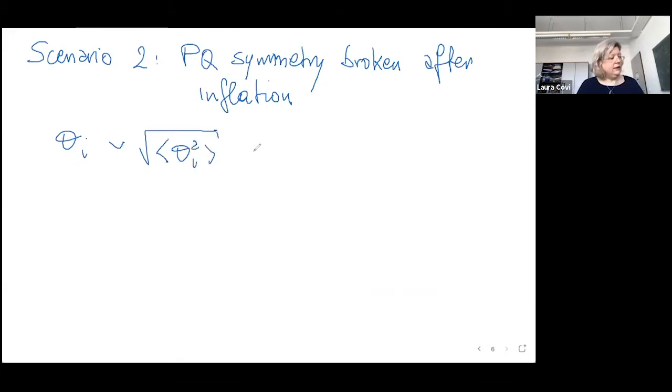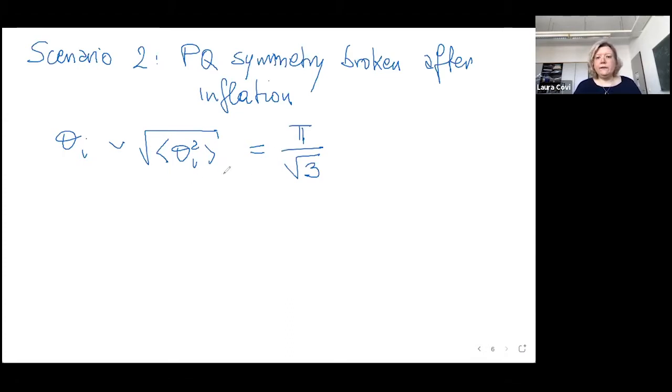And you can compute this, assuming a flat distribution between 0 and 2 pi, and you get a value which is not so small, it's pi over square root of 3. So in that sense, this is again something a bit larger than 1, but not much. And it's a fixed value. So you have less dependence on the initial condition because this is only one number, and in that sense you are a little bit less sensitive to any initial condition.